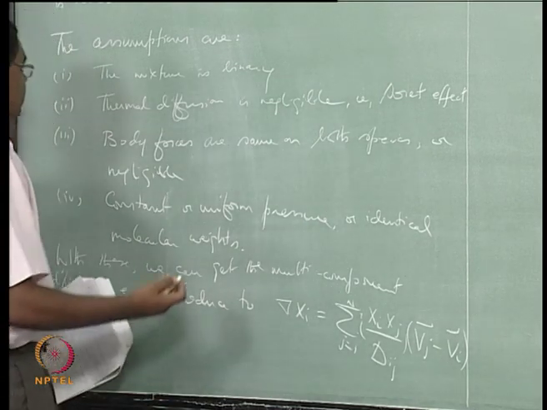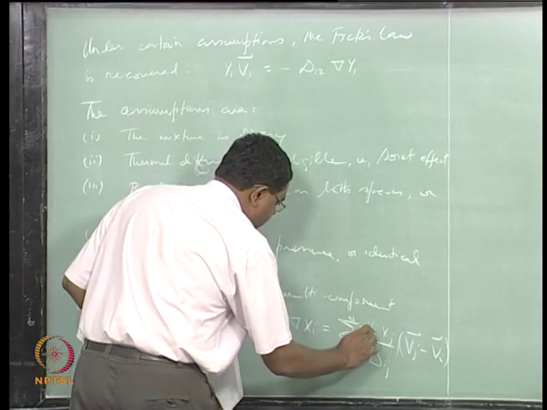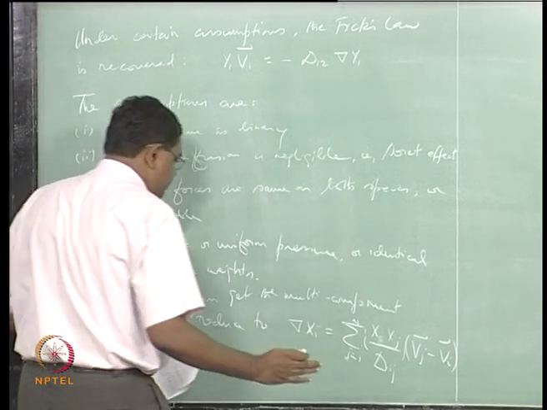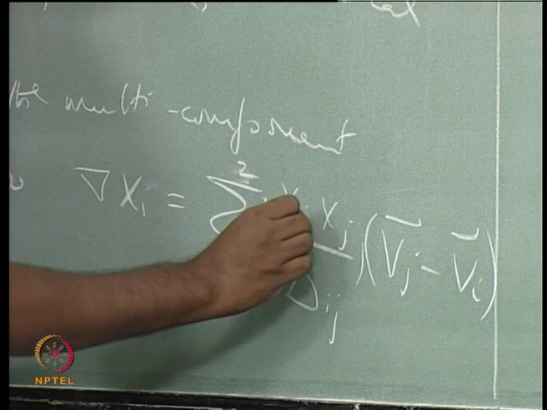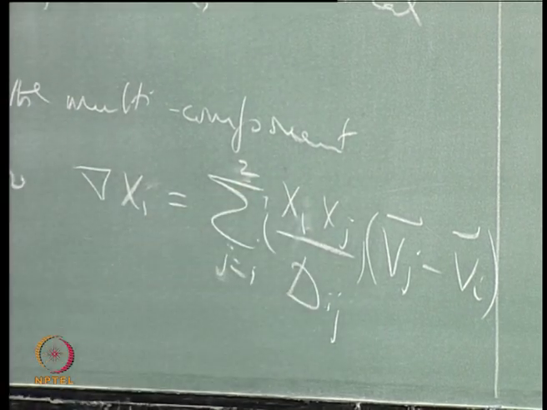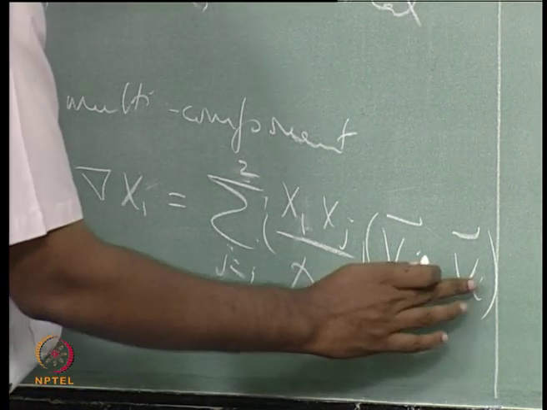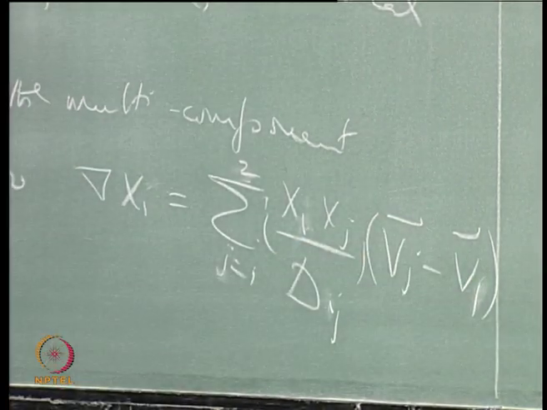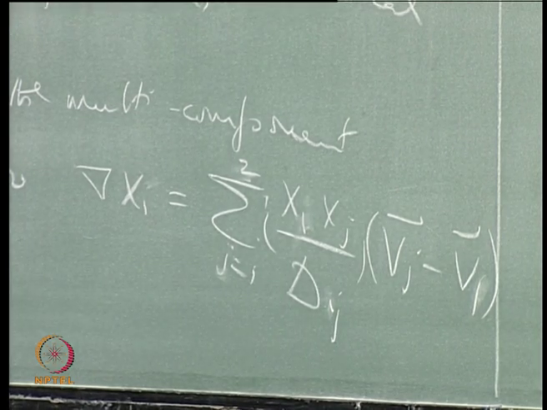If you now want to make sure that this is a binary mixture, make i equal to 1, and so j goes from 1 to 2. We can now write this with x1, xj, D1j and so on, and v1.